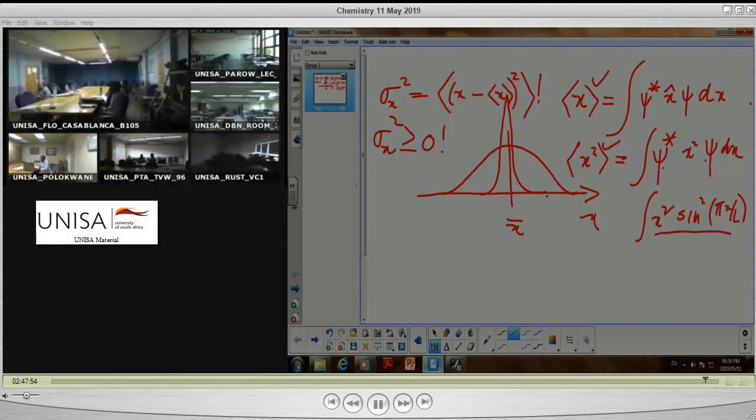So in this case, the variation principle says that when you guess a wave function, the energy you get for that wave function cannot be less than the actual energy.